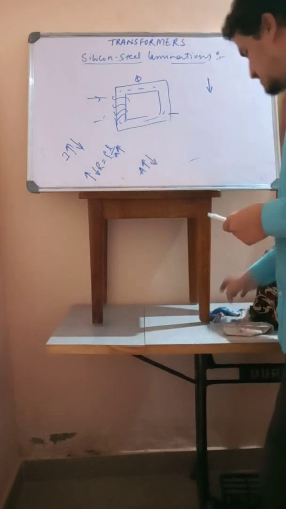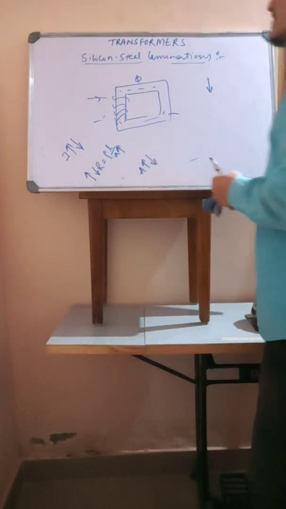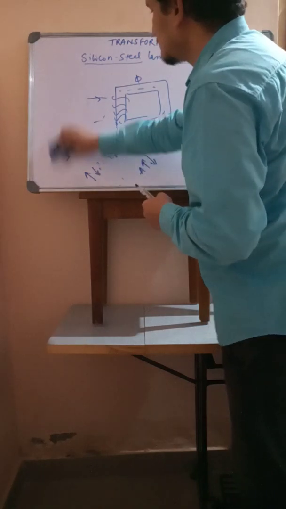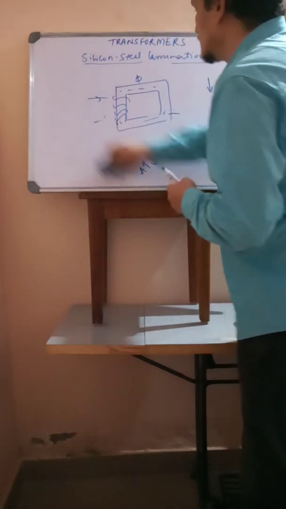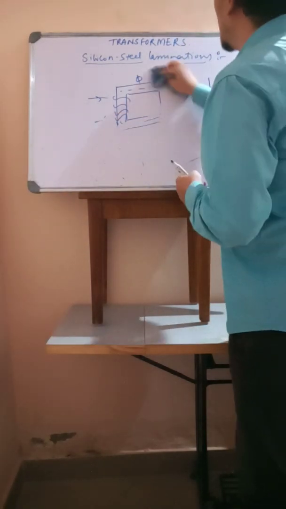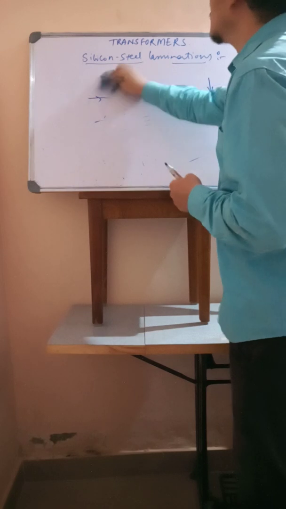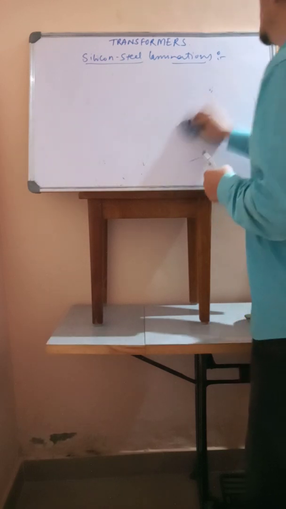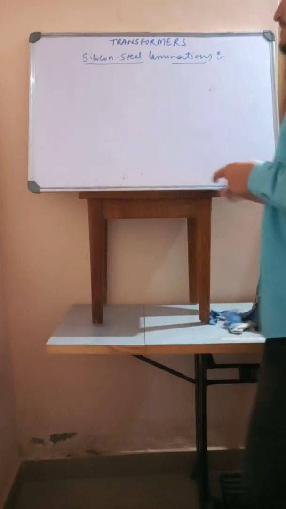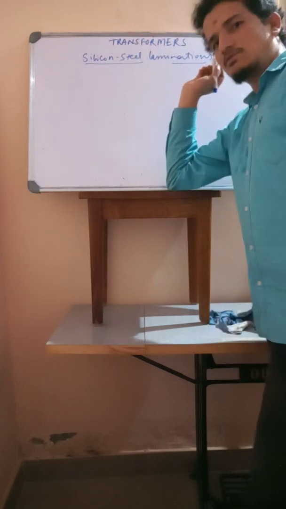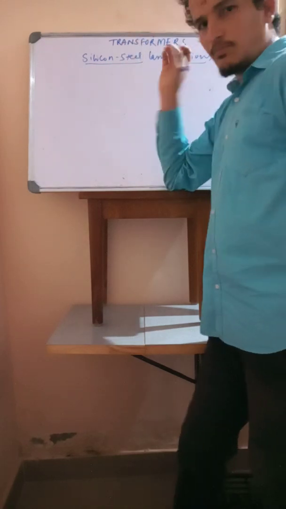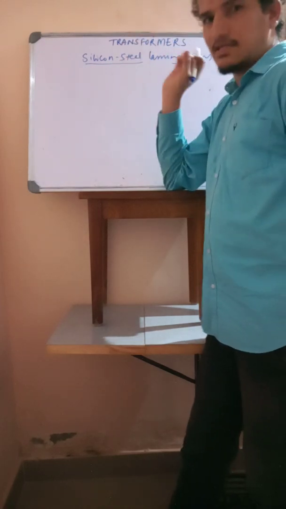So to reduce the area, we will use laminations. Which lamination? Silicon steel lamination. This silicon steel will provide a very low reluctance path.